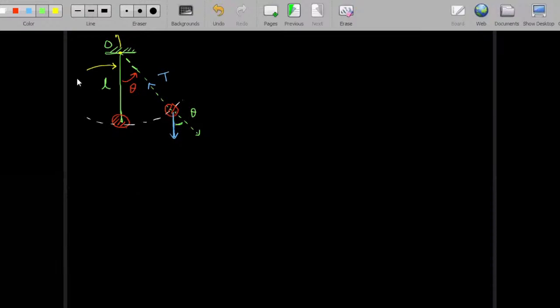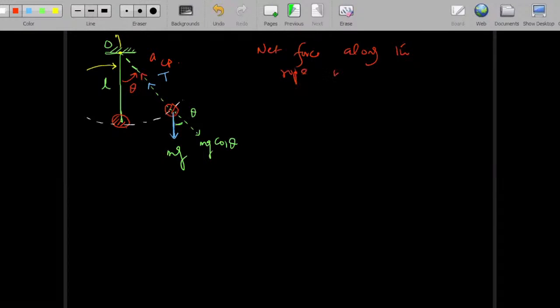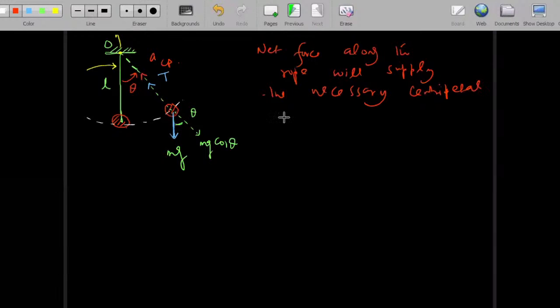So now as we have said, this force is mg cos theta. This was mg. So in the same direction, along this direction, you will have the centripetal acceleration a_cp, right? So can I write that the net force along the rope will supply the necessary centripetal force.